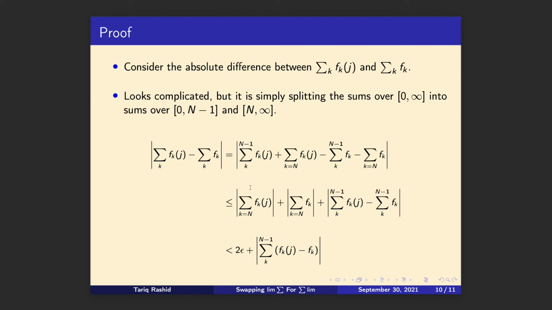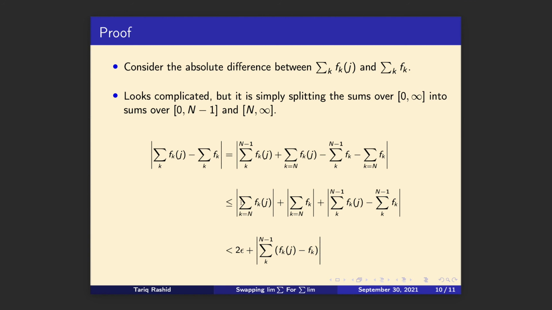So by applying the triangle inequality, we can say the magnitude of all that is less than or equal to the magnitude of the fk j sum from n to infinity, and also the magnitude of this sum here, fk from n to infinity, plus the magnitude of this quantity, which is still keeping those two tail sums, not the head sums, together.